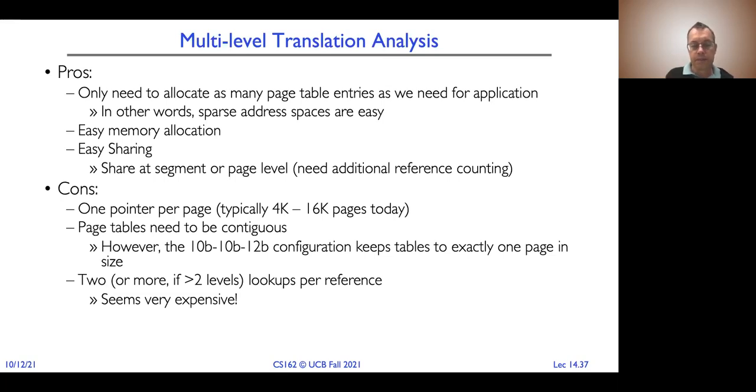The con is that page tables can be huge because they need to be contiguous, since you need to index into them. Therefore, you need multiple levels of tables to get efficient memory allocation for the page tables. But the big problem is that now you need multiple lookups for translation, because you need a lookup for each page level.